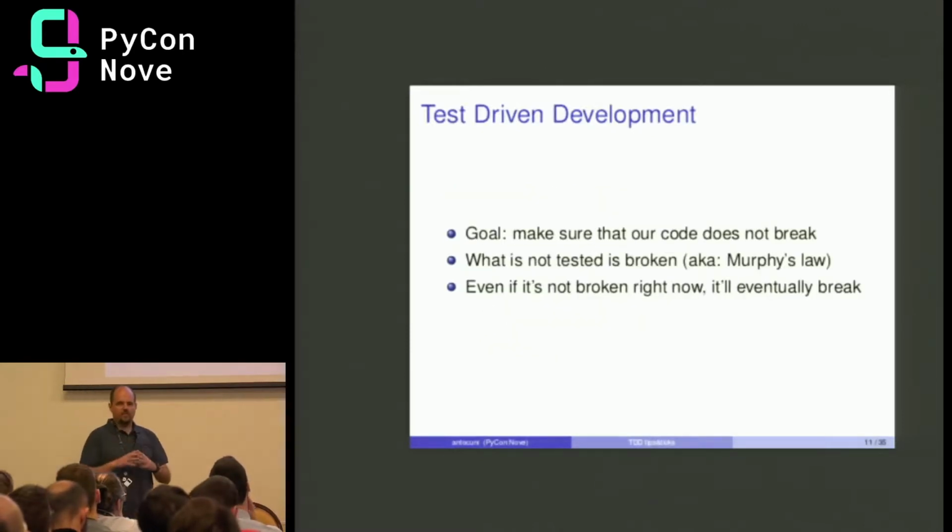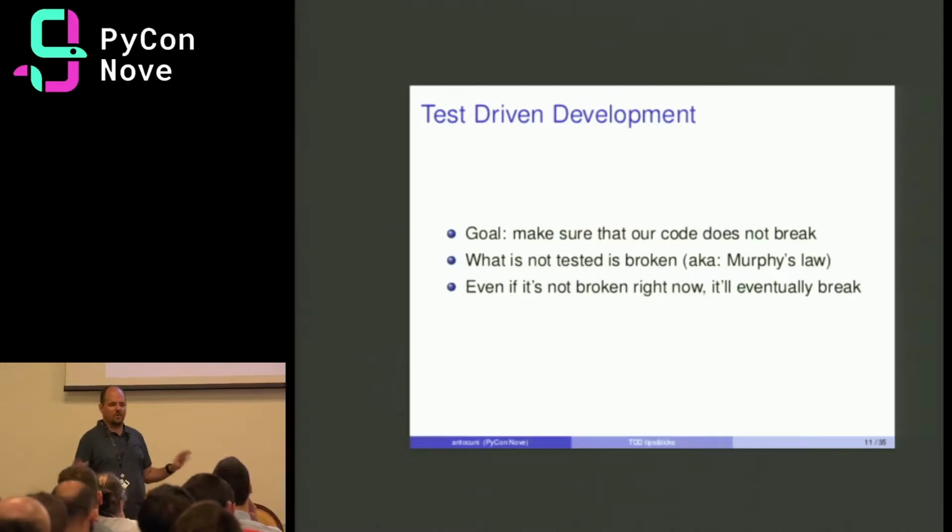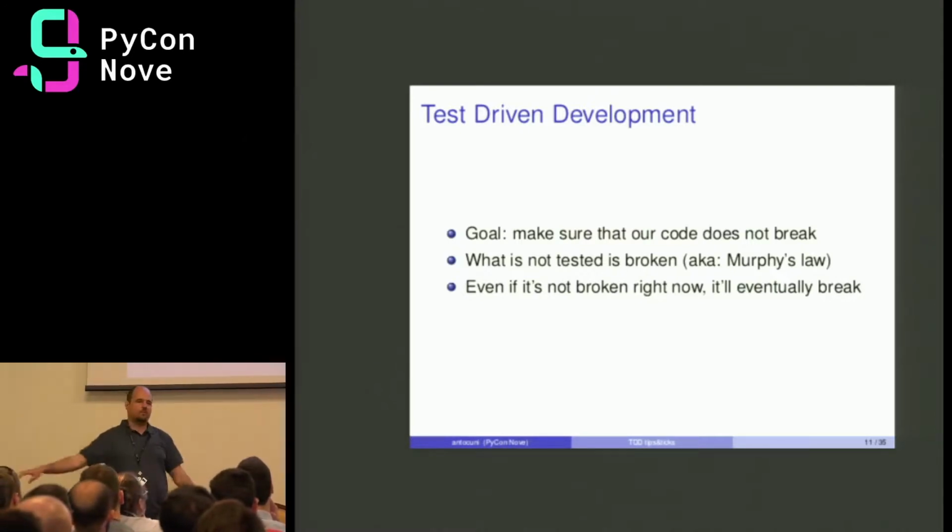So what we said so far is that the goal is to make sure that your code does not break, and we have a saying, especially in PyPy, that if you have a feature which is not tested, it's the same as having it broken. I mean, maybe it's not broken right now, but eventually it will break.